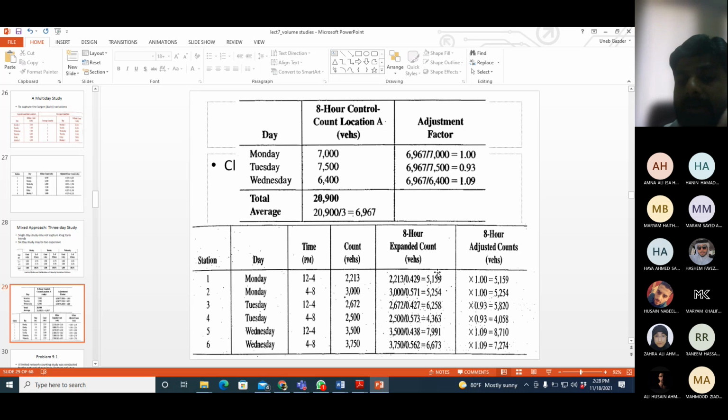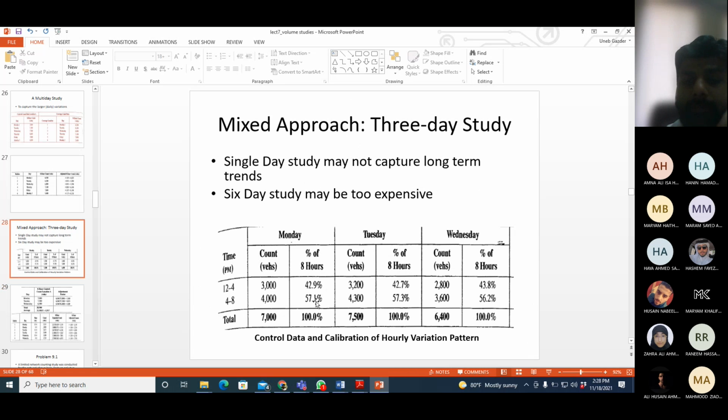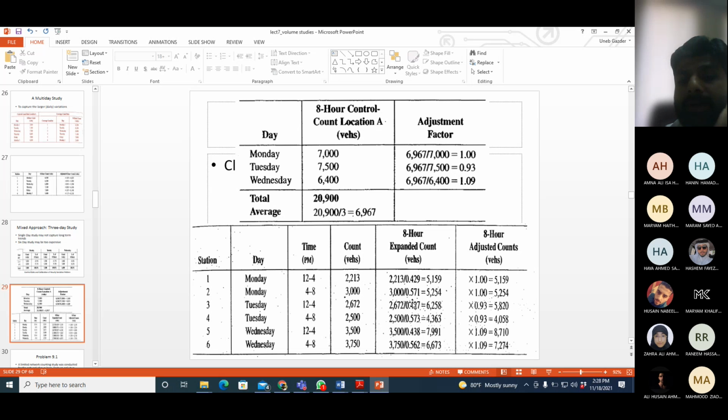This is the 8-hour count taken on Monday for station 1. Same thing for station 2, but the percentage used will be for Monday 4 to 8, 57.1%, which is basically 0.571. For other locations, you use it for different days.